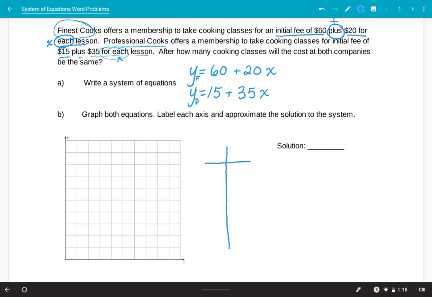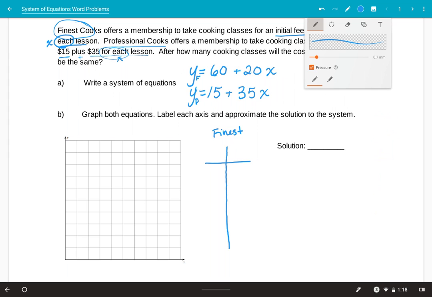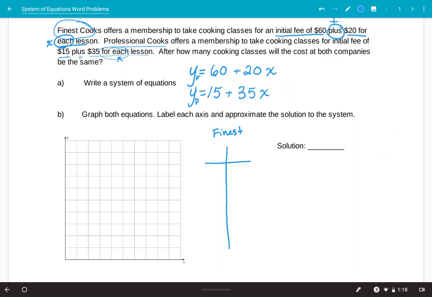So this is for our Finest. And over here, just because I don't have very much room. Whoops, that was messy. Sorry, I don't like that one. Let's try that again. Oh, that's so much better. And this is for Professional.